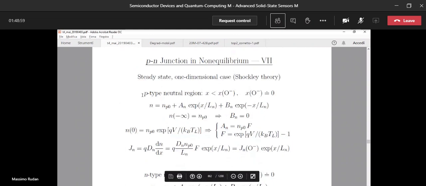We are here. So remember, we are in the p-type neutral region. We are on the left of O minus. And we have set the 0 of the reference at O minus.